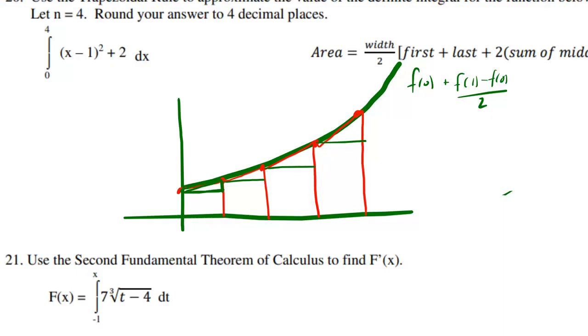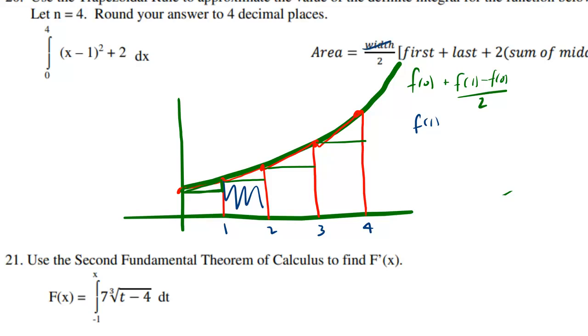And then this next thing, if we did it in blue, this next rectangle right here would be, well, this bottom rectangle would be f of 1, so that's 1, 2, 3, and 4. f of 1 times 1, right?